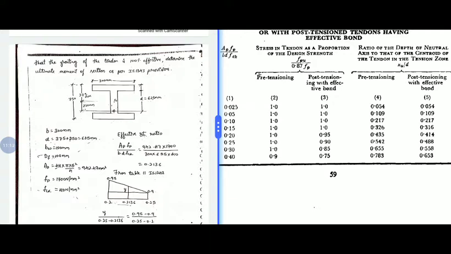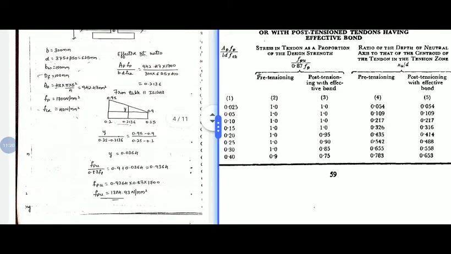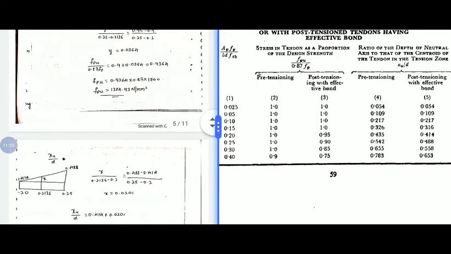Similarly for the XU by D ratio, refer column number 5. For 0.2 we have 0.414 and for 0.25 we have 0.488.